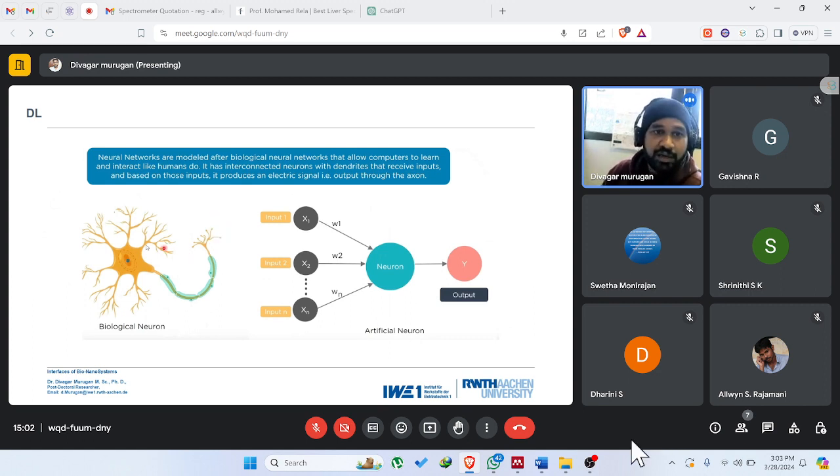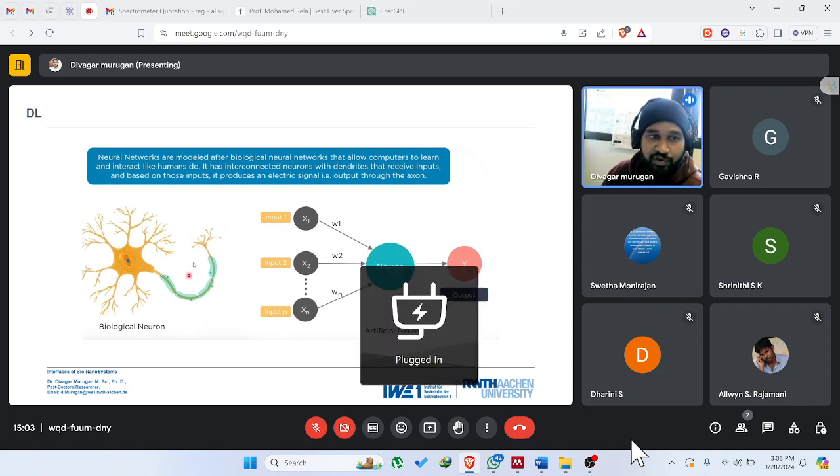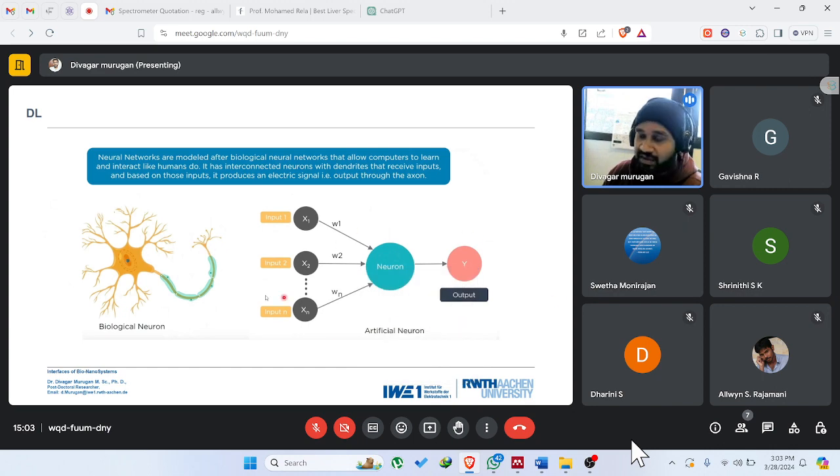So here is the input that we consider, and then there is a neuron where you perform a mathematical task and then create an output. This is how the biological neuron and an artificial neuron are connected for deep learning purposes.